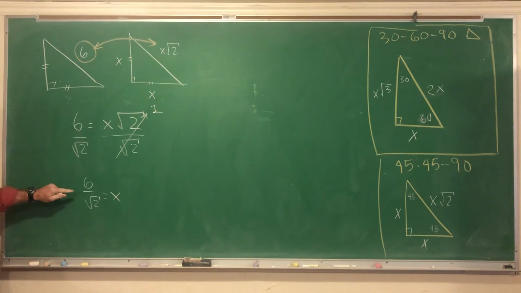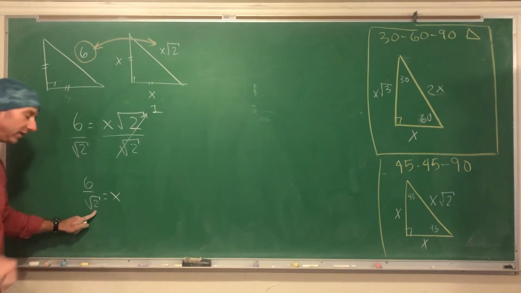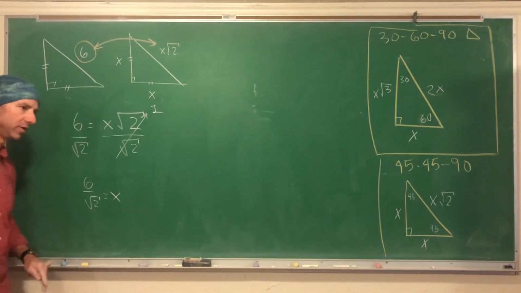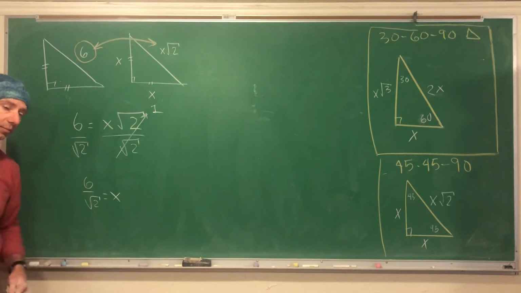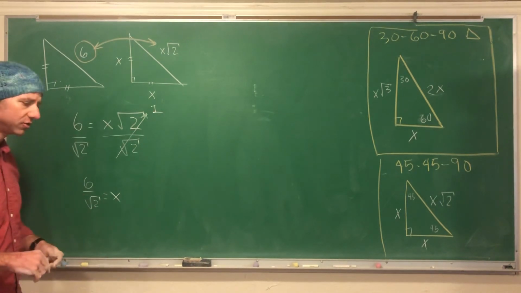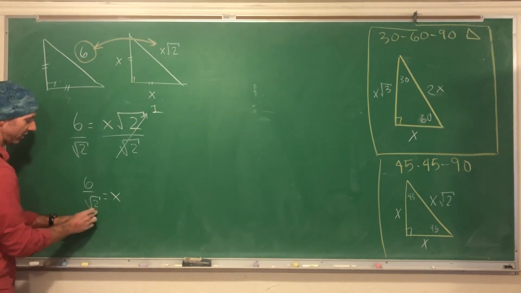No! We cannot leave an irrational number in the denominator. That would be something like a square root or pi. Turns out you can't leave imaginary numbers in the denominator too, which we'll talk about later. So how do I get rid of this root 2 down here?